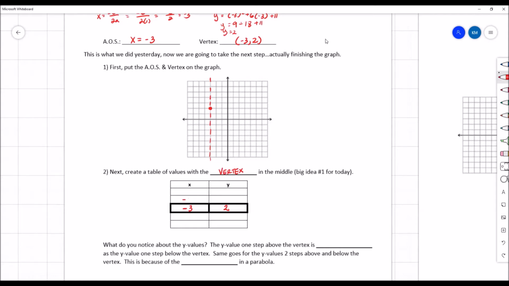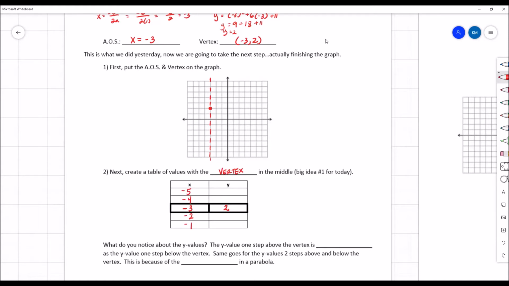So I'm going to choose negative 4, negative 5, negative 2, negative 1. These are all values that are around negative 3. There's no reason for us not to choose them. Instead of just always blindly choosing negative 2, negative 1, 0, 1, 2, we found the center and chose numbers around it. From there, we plug it into our function, and then we can see what we should get.